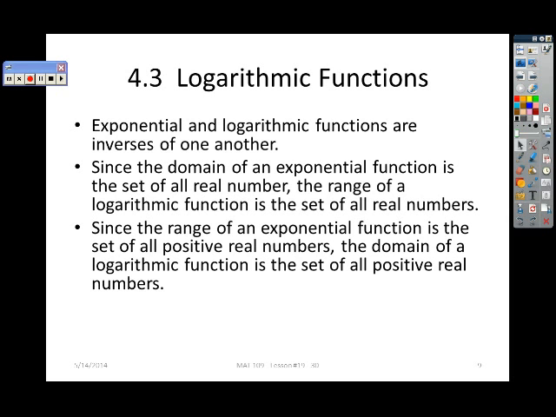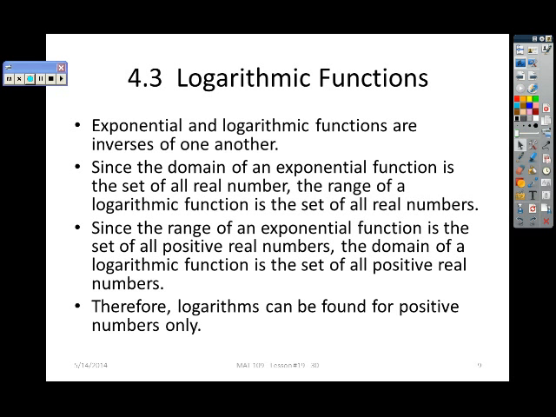That's the restriction I mentioned a minute ago, that you have to have the number you're taking the logarithm of be positive. This is a statement of that fact. The domain of your logarithmic function is positive numbers. So we can only get logarithms for positives.